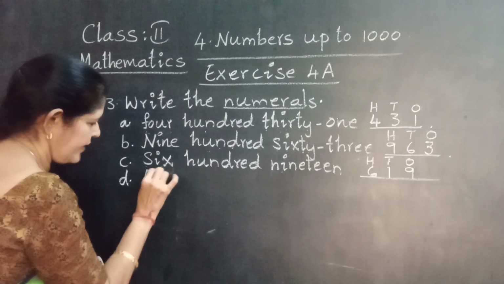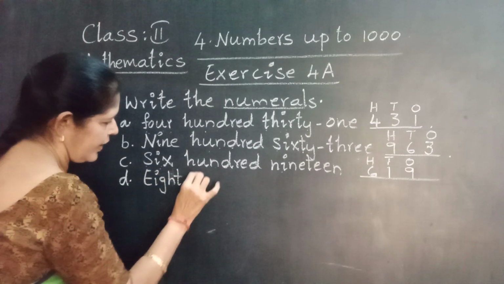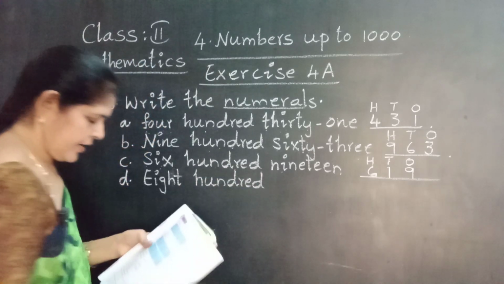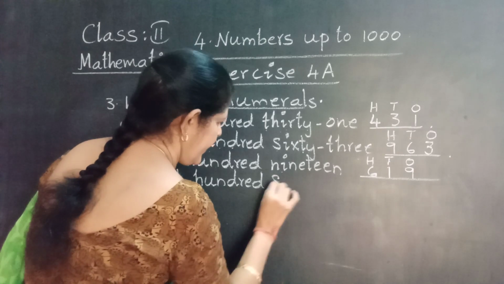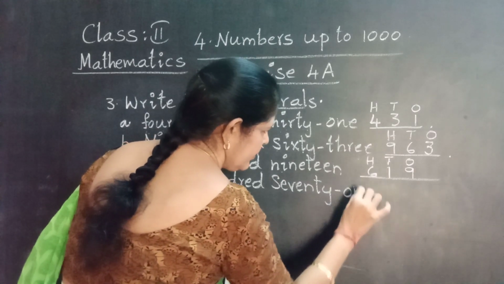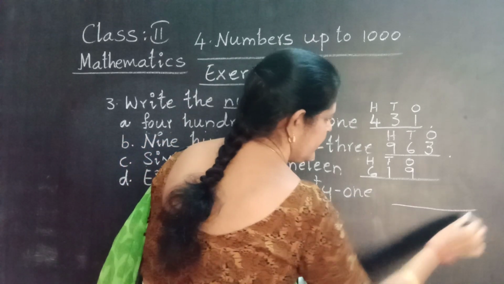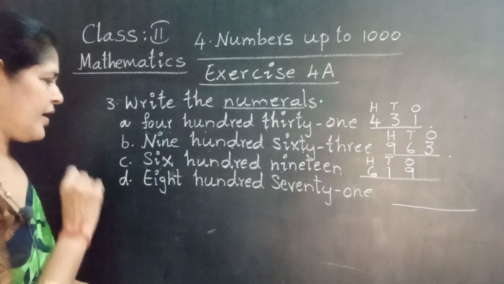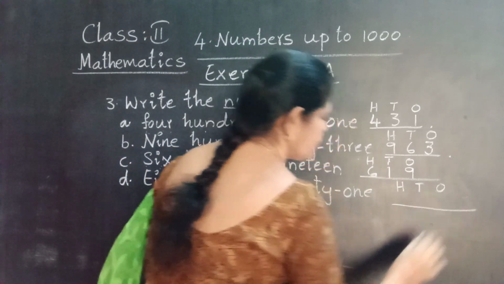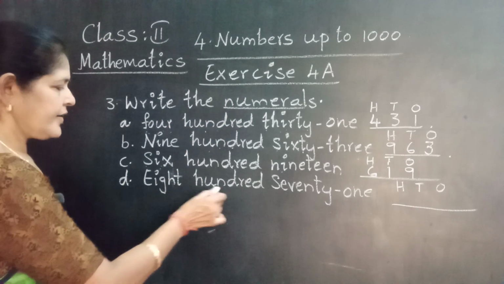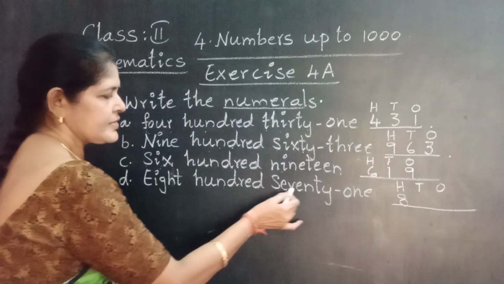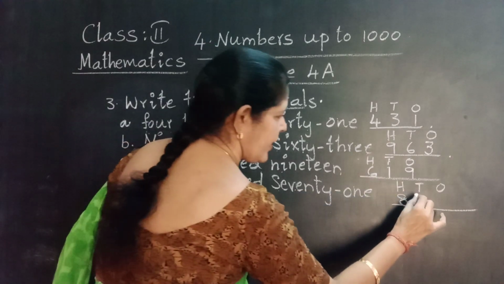Tell me. Yes. Eight hundred, good. Come on, read, Nana. Seventy-one. Write the numeral, write the number for this number name. Again, keeping hundreds, tens, ones. EIGHT HUNDRED, 8 is in the hundreds place. SEVENTY, 7 tens.